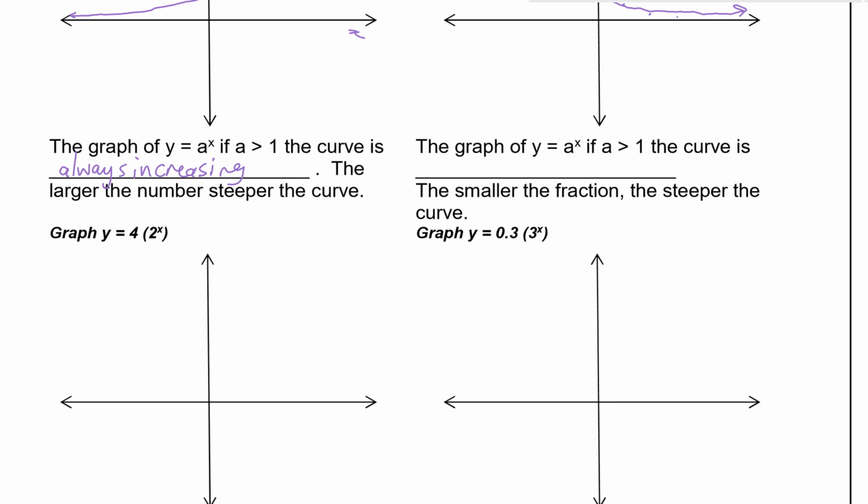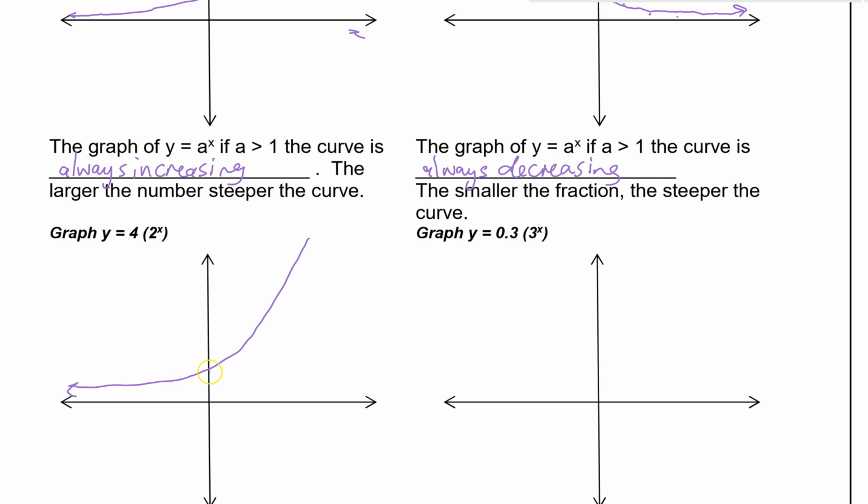The graph of this one here is always decreasing. The smaller the fraction, the steeper the curve. Now consider 4 times 2 to the x. That's not the same as 8 to the x, but nonetheless we're going to have very fast growth up here.